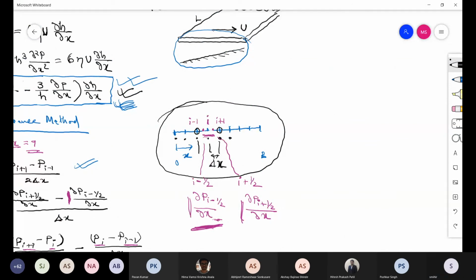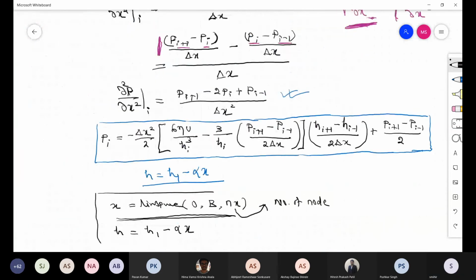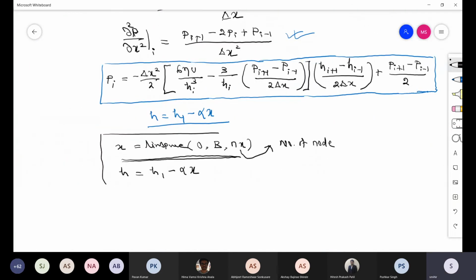So h will vary based on the value of alpha. These are inputs. Alpha you have to assume, and b also you have to assume. Assume means it depends on the type of bearing. And nx, of course, is up to you. What is the number of nodes you are taking for the solution?